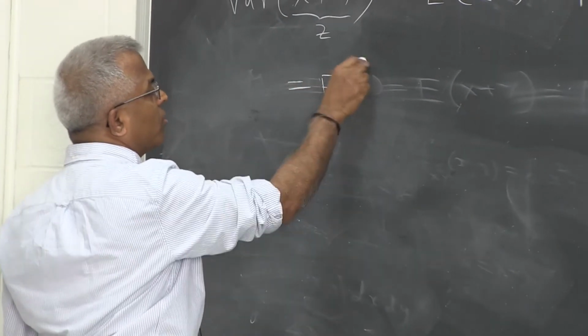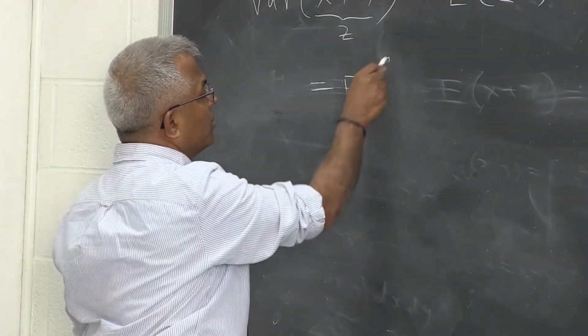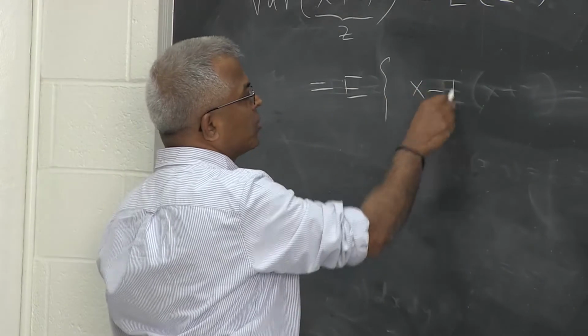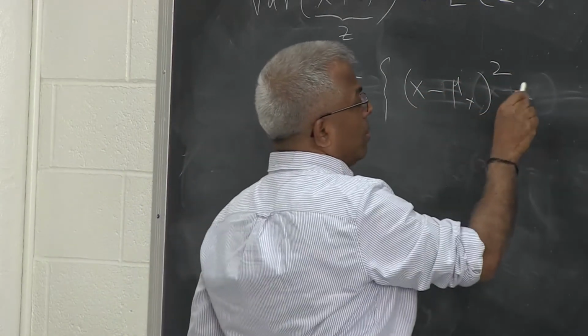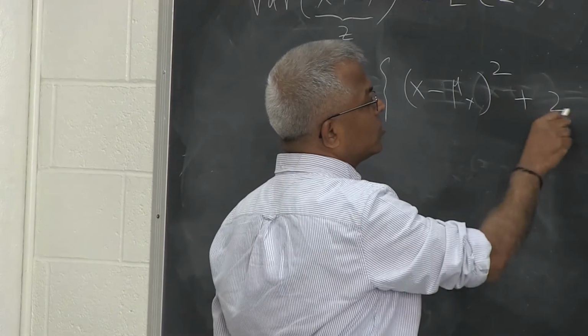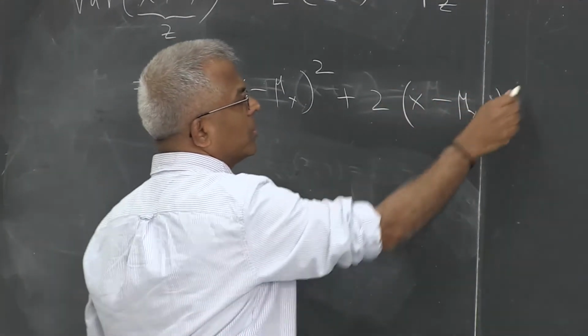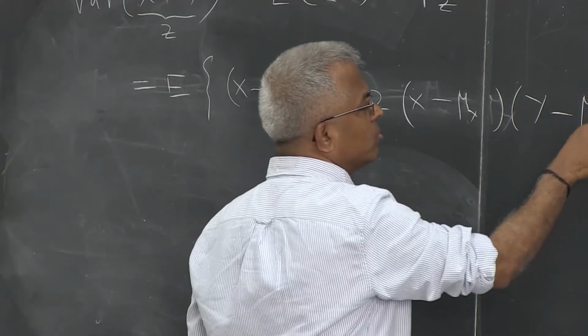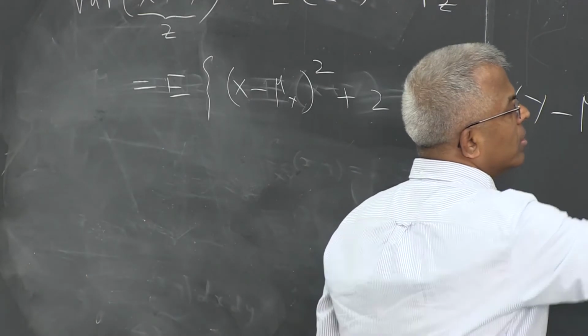First of all, there will be 3 terms inside this bracket. That will be x minus mu x the whole squared, plus a middle term, which is 2 times x minus mu x multiplied by y minus mu y, plus y minus mu y squared.